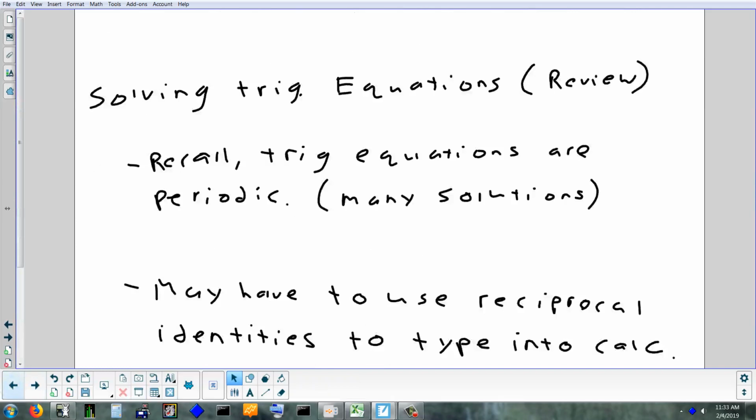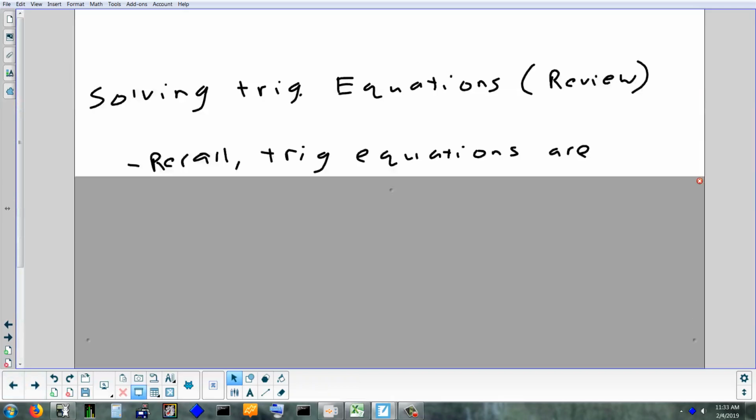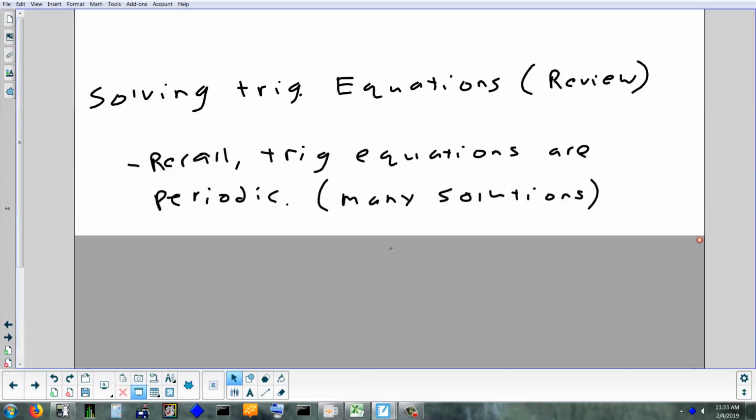Alright, so, last thing we're going to look at is solving trig equations. Remember, trig equations are periodic. What that means is if you can find one solution, there's infinite. If you can find one, that one repeats forever and ever.